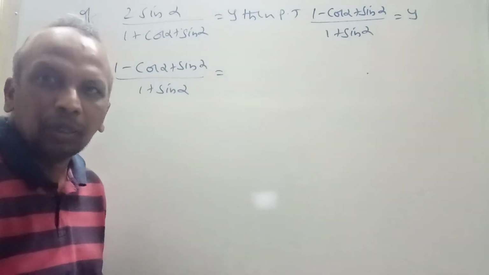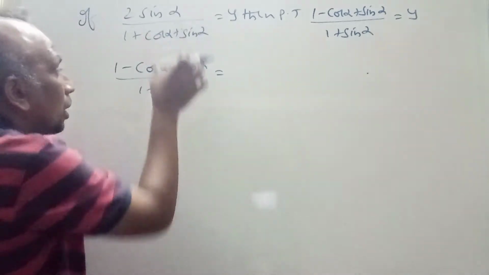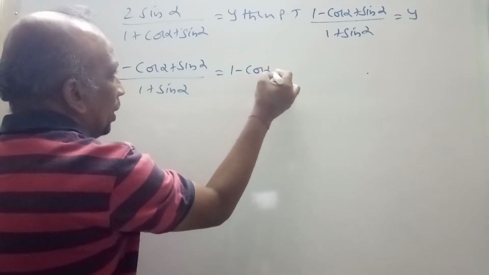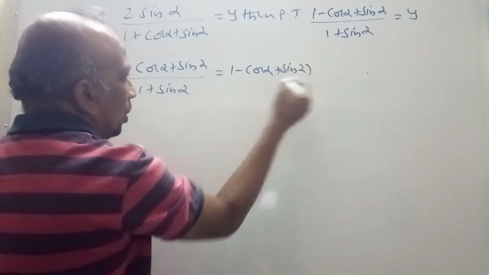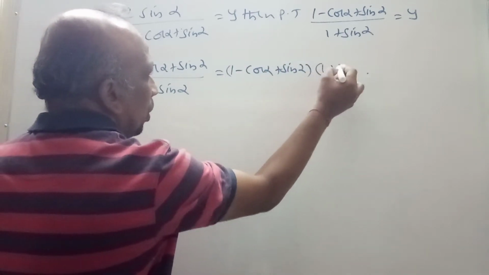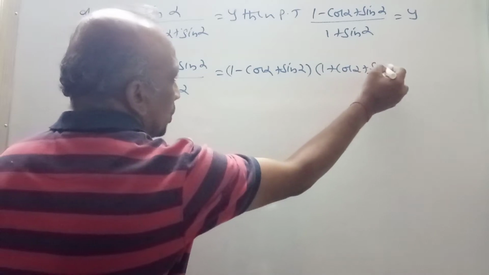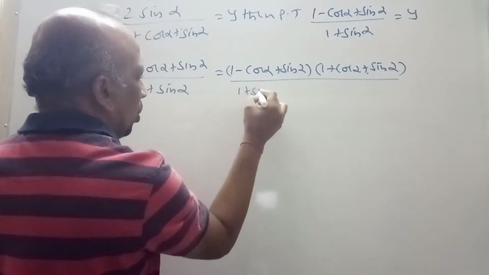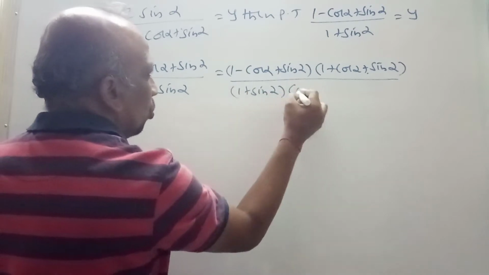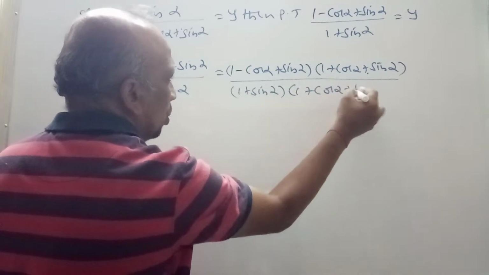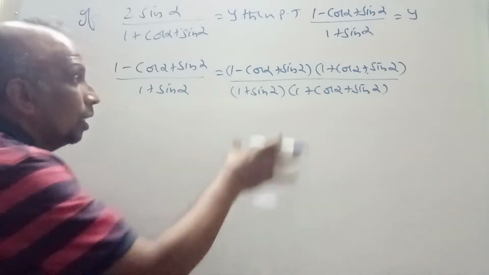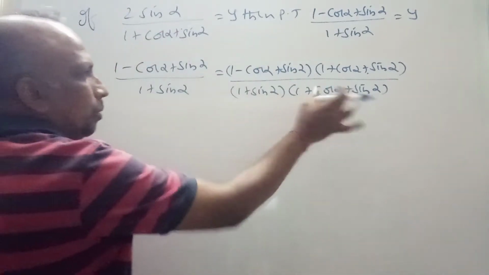To get the same thing here, I will rationalize with this. So I write 1 minus cos alpha plus sin alpha into 1 plus cos alpha plus sin alpha by 1 plus sin alpha into 1 plus cos alpha plus sin alpha. Why? Because after simplification in the denominator you should get this expression.